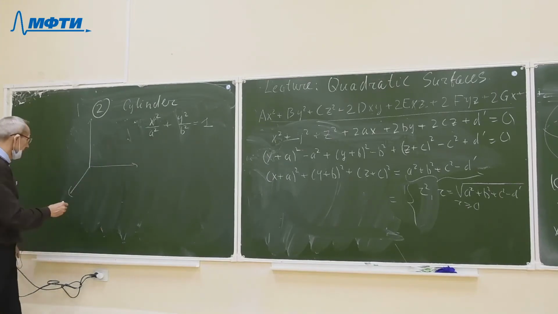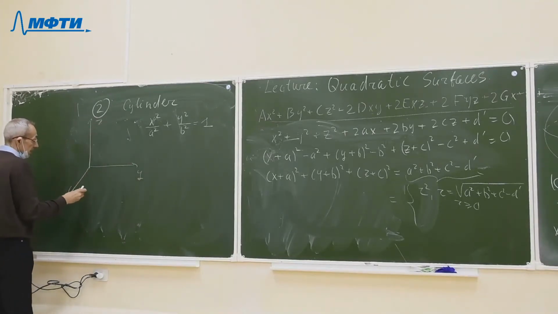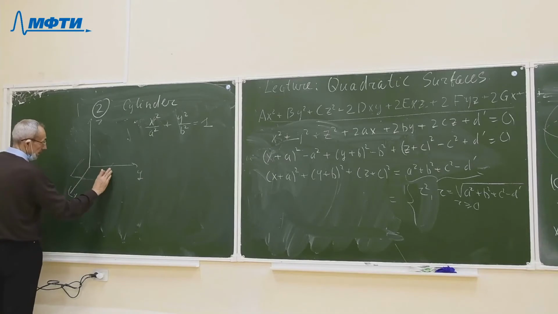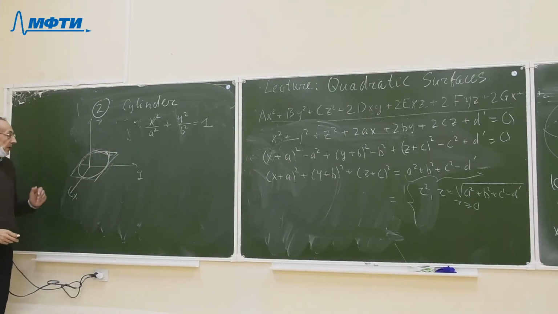Let's say we have the plane x, y, z, and we obtain an ellipse in the plane.